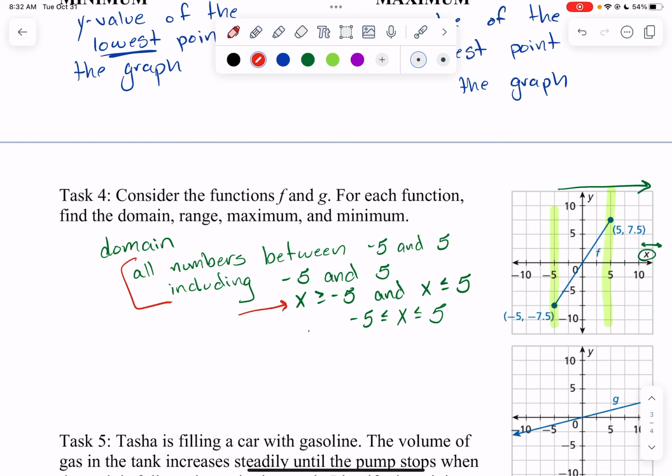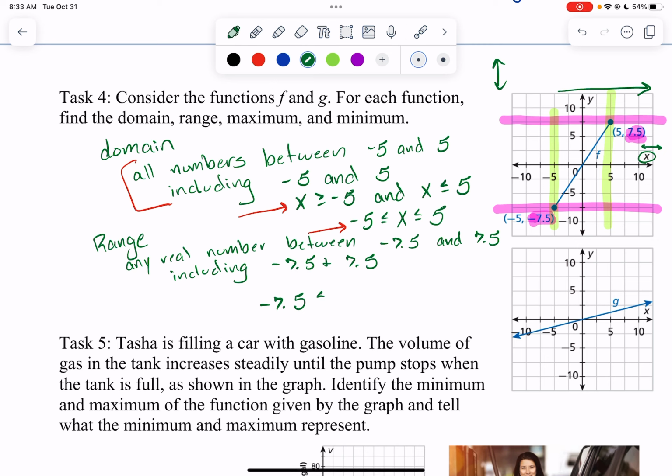Again, or I can write it using these conjoined inequalities: negative 7.5 less than or equal to f of x, less than or equal to 7.5. Since we're talking about functions, instead of a y, we use an f of x. Okay, so there's the domain and range.